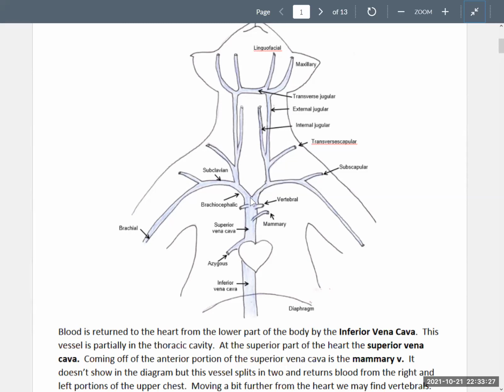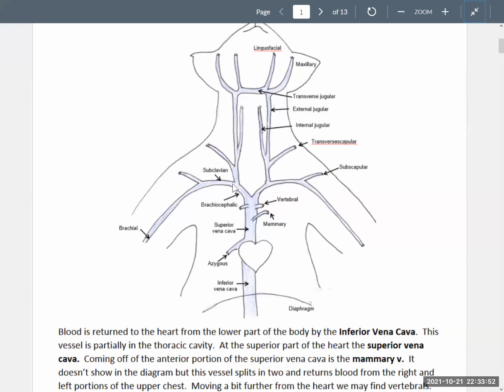Okay. When the superior vena cava split, it actually was being formed from these two vessels coming this way. These are the brachiocephalic. Brachiocephalic means arm and head. So let's follow this vessel going to the arm and to the head.